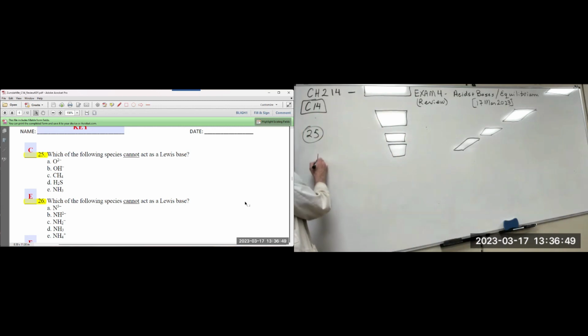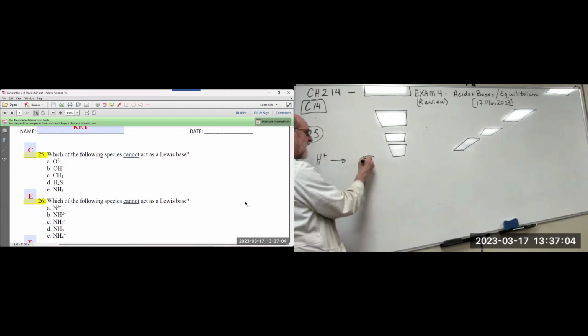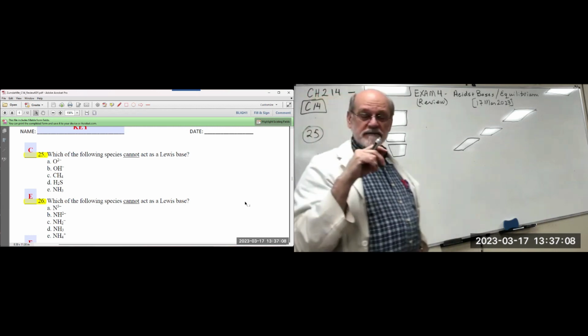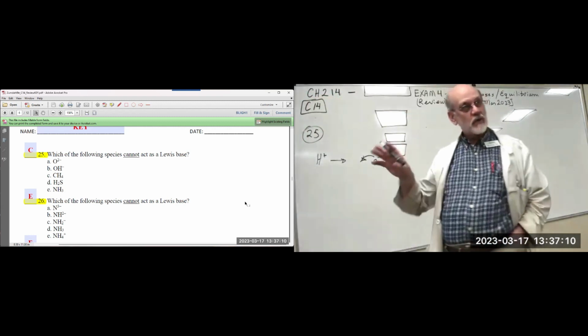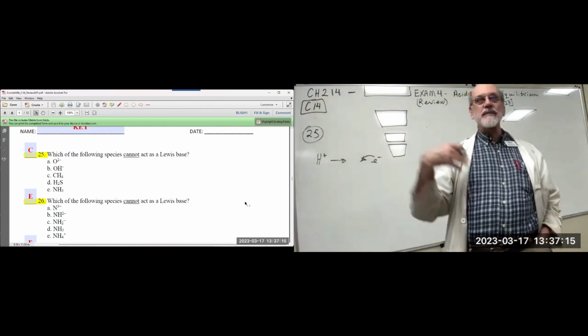So if a proton is accepted, what do we have to do to form a bond? We have to supply the electrons, right? So a Bronsted base would accept a proton, but it would have to supply the electrons. So a Lewis base donates electrons, and a Lewis acid accepts electrons.